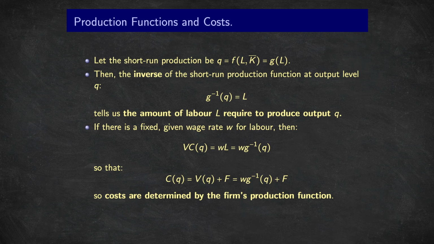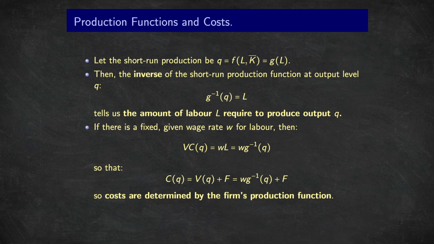Okay. Now let's consider the costs, the short-run costs. So if we have a fixed given wage rate W for labour, this is a very common assumption related to competitive markets. So we can't change the wage rate. Nobody has market power.